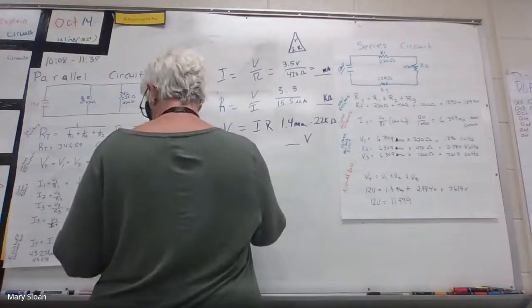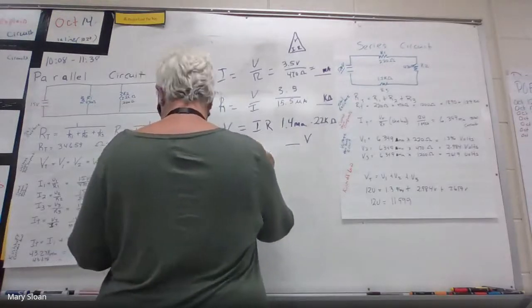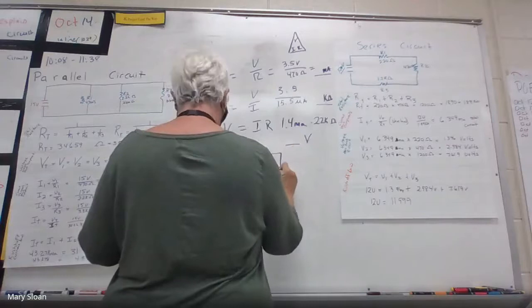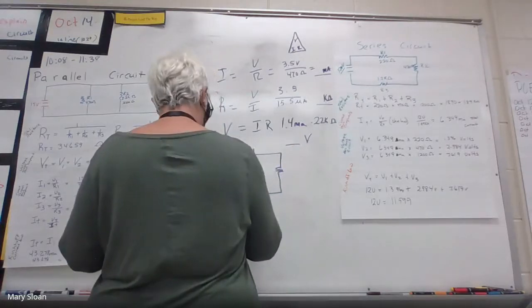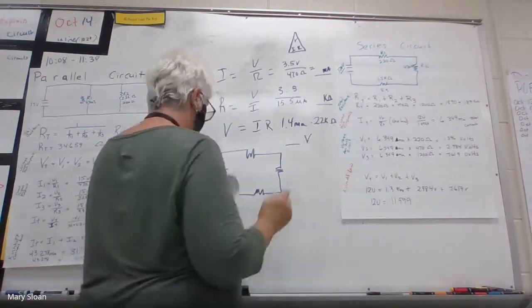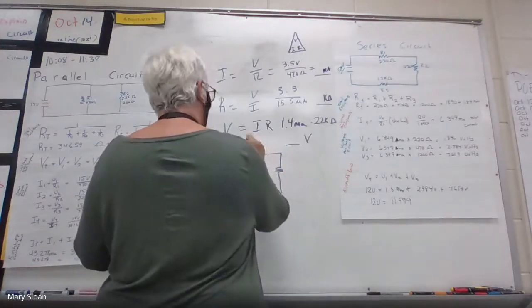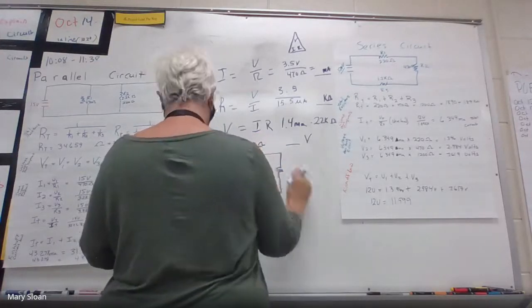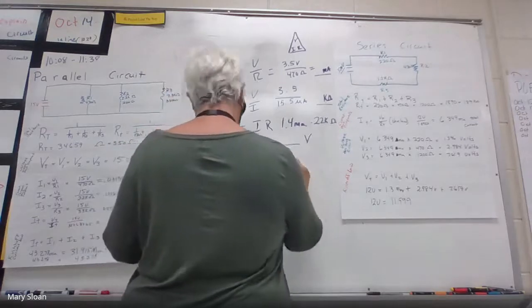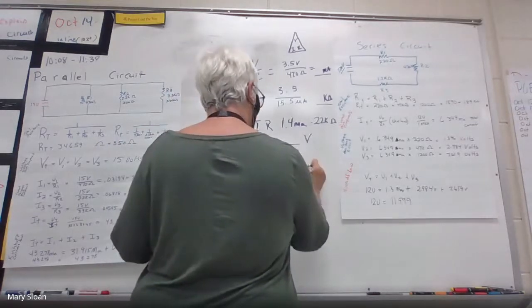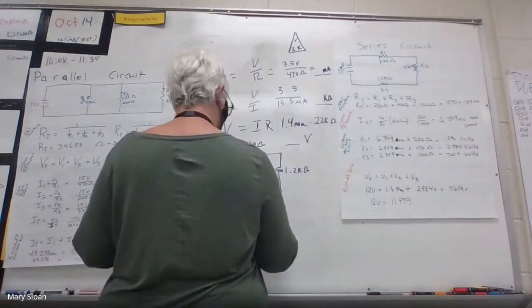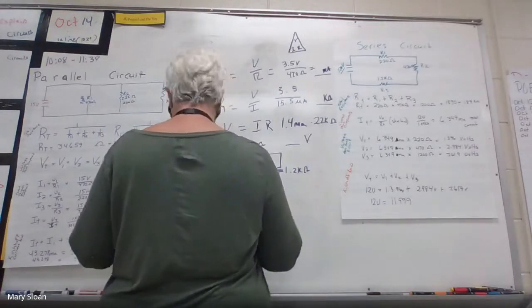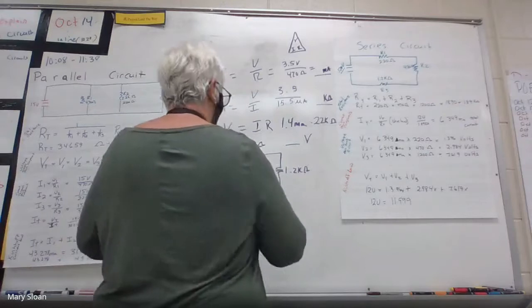So we have the battery and three resistors. This one is 820 ohms, this one is 1.2K ohms, and this one is 150 ohms.